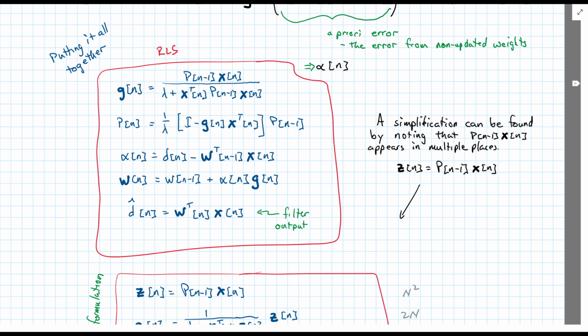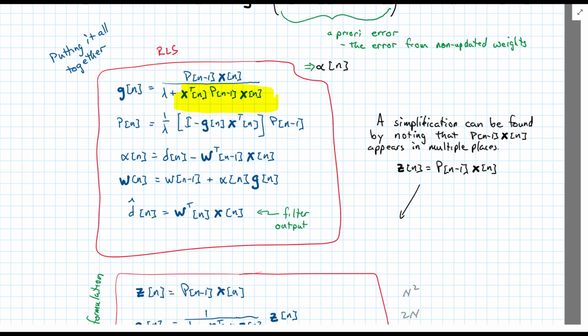Primarily in our G update right here, if P is symmetric positive definite, then we're going to have a positive number there and everything's fine. If round-off errors cause it to be non-symmetric positive definite, then it's possible that that's negative.